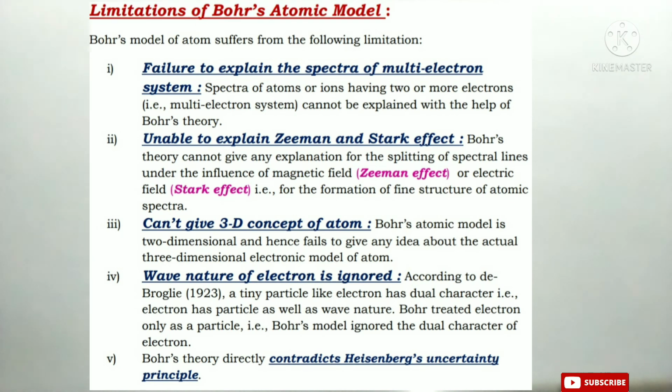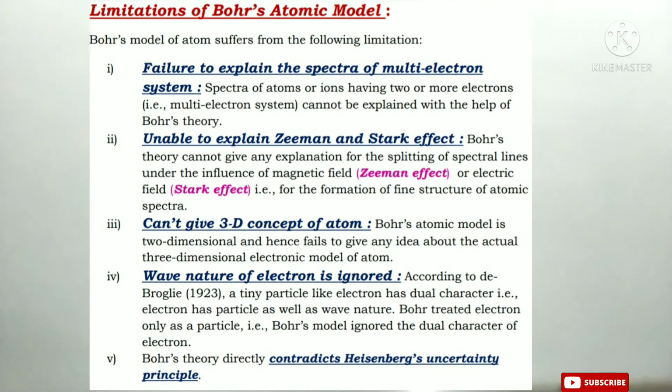Bohr's model can't give any idea about the Zeeman effect and the Stark effect. The third point is Bohr's atomic model is two-dimensional. It fails to give us any sort of idea about the three-dimensional electronic model of an atom.